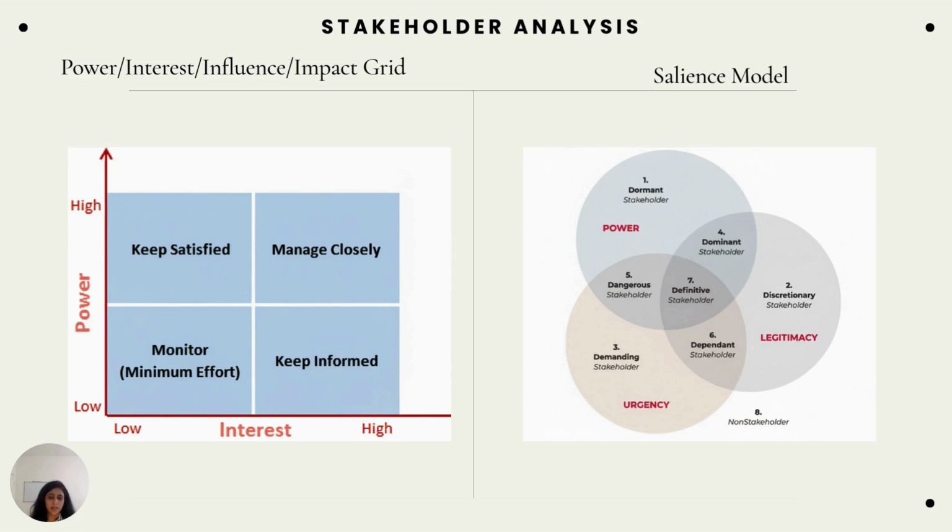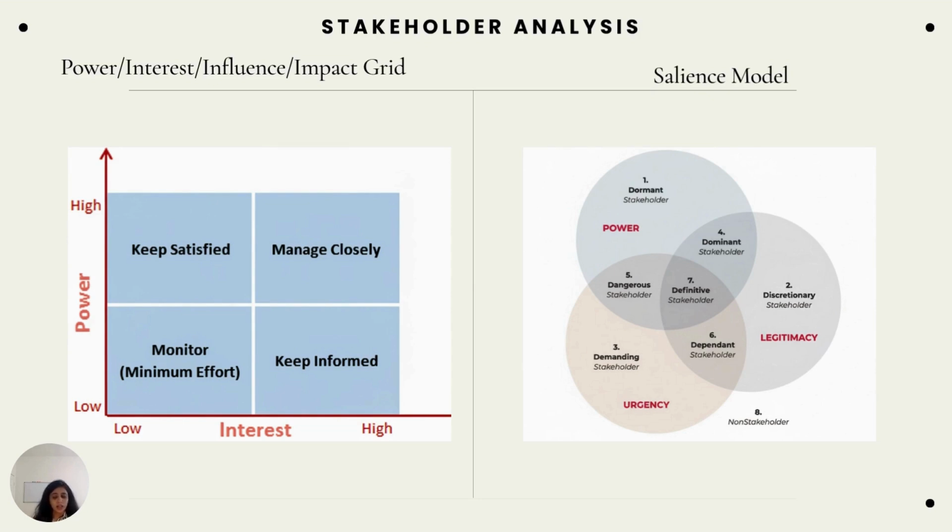So there might be people who fall under manage closely. For example, the CEO of a company or an organization has high power and high interest in the project, so you have to manage these stakeholders closely. On the other hand, you might have stakeholders whom you just have to keep satisfied, who have high power but low interest in your project.